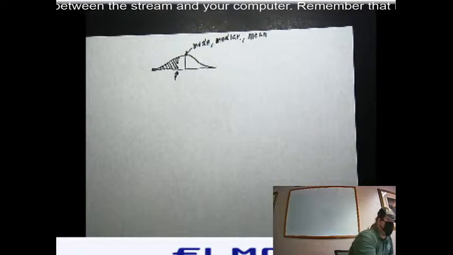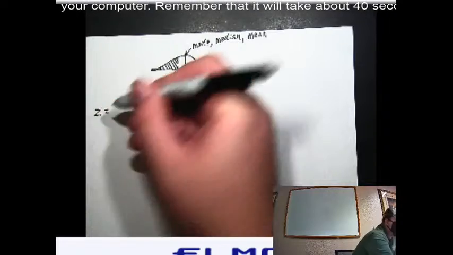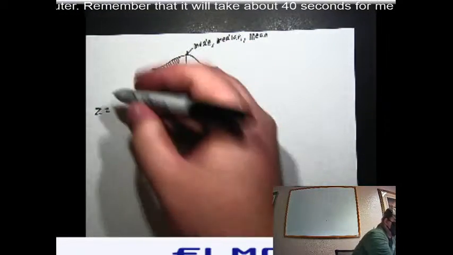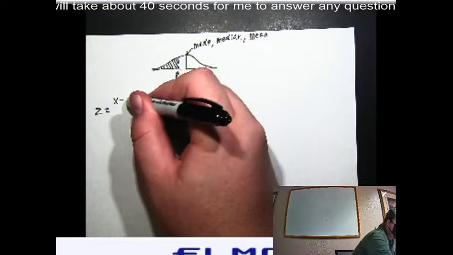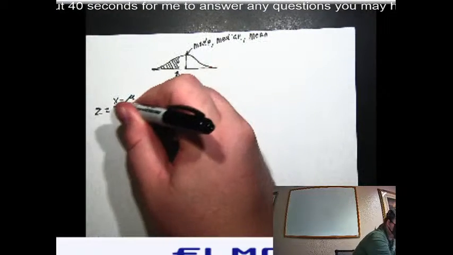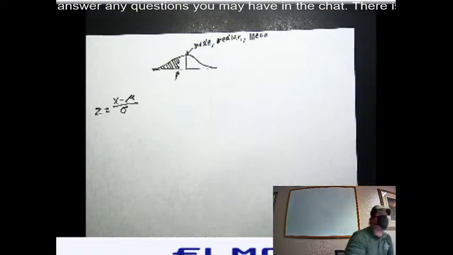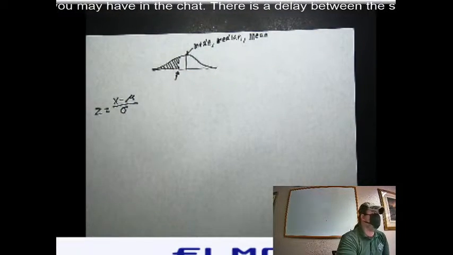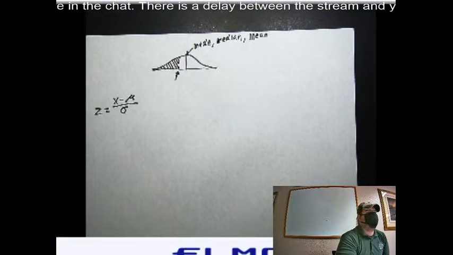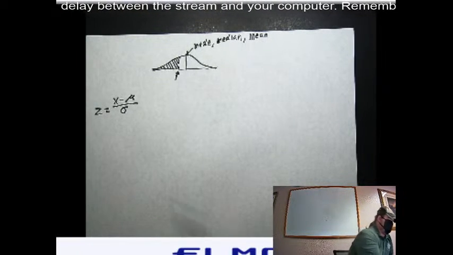Of course, to perform our calculation, we need a z-score, and that z-score is z equals x minus mu, the mean, over sigma, our standard deviation. So let's get some data points in here. Of course, we need three of them.